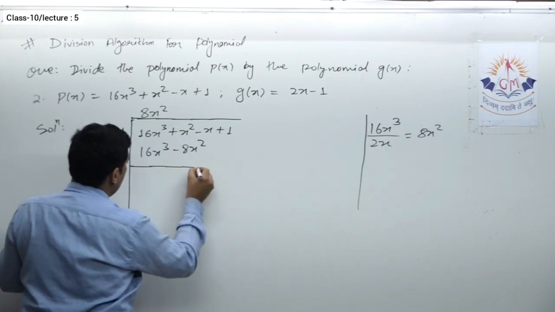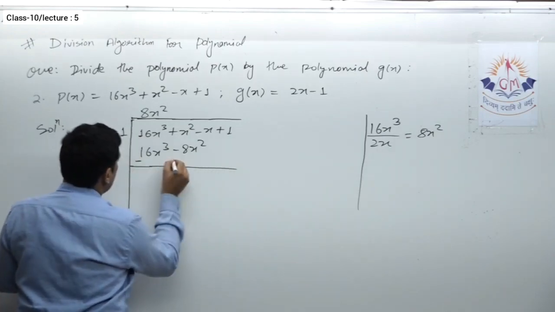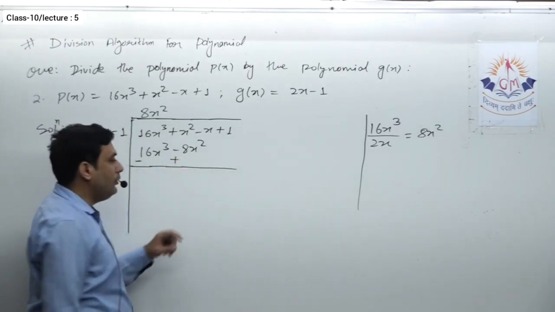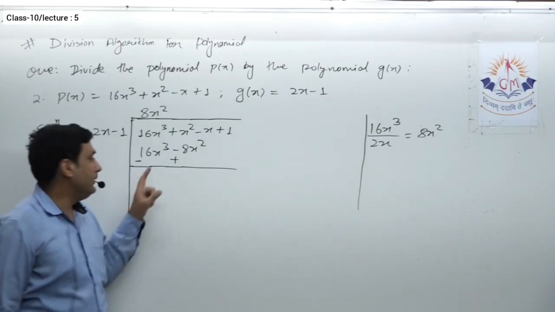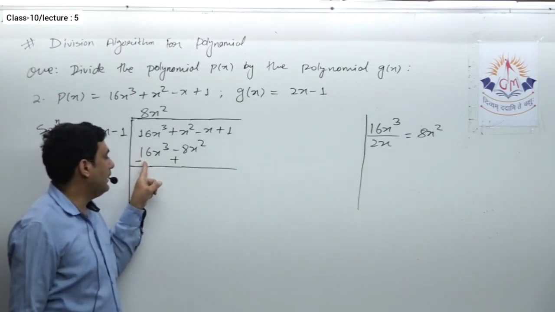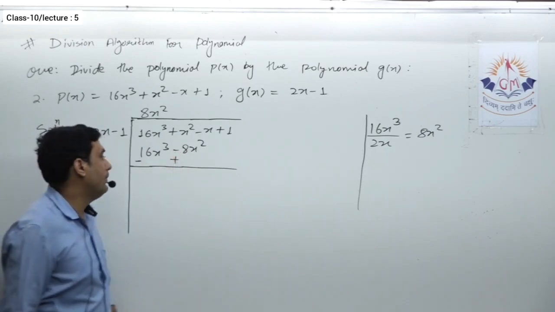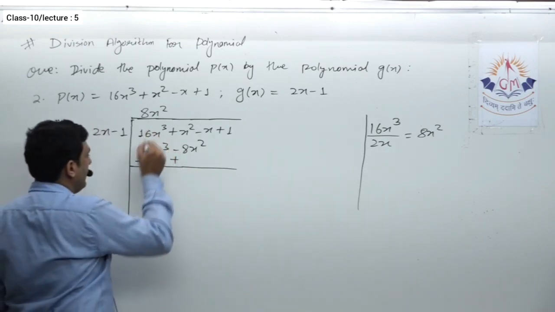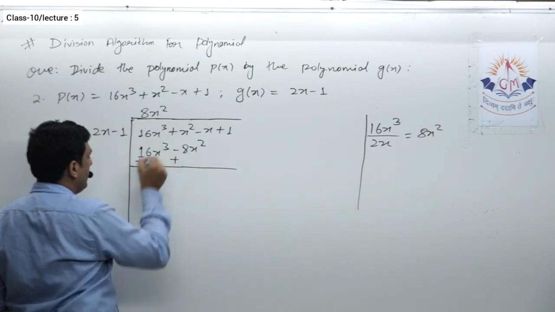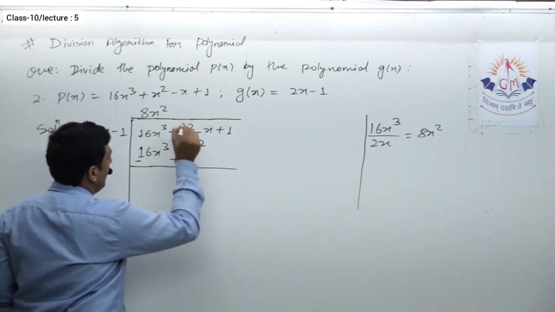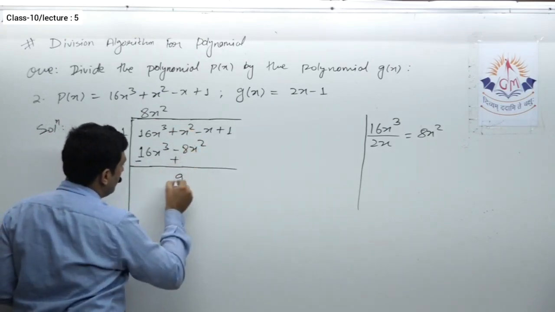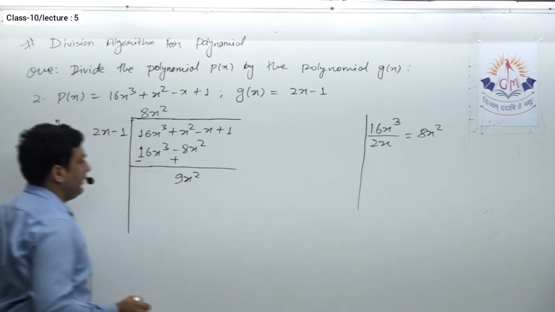Now we have to subtract, and for that I told you to change the sign. As it was positive, I took it negative. As this was negative, I took it as positive. Now this plus 16x cube and this minus 16x cube will cancel out each other. Here x square plus 8x square gives you 9x square.